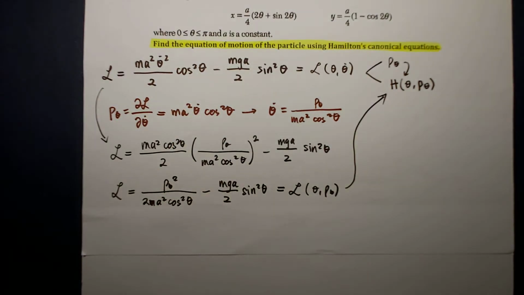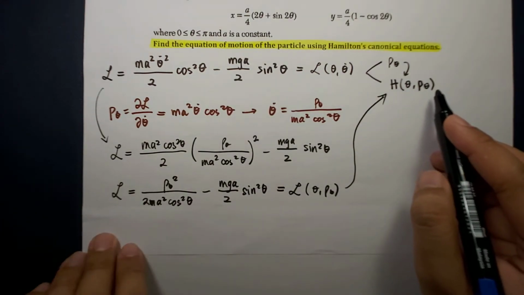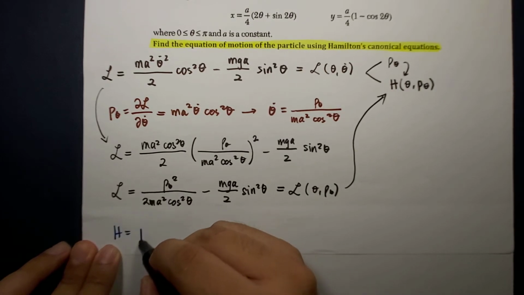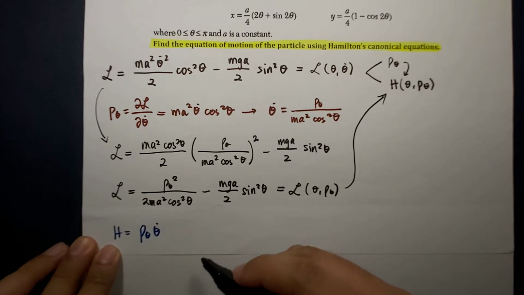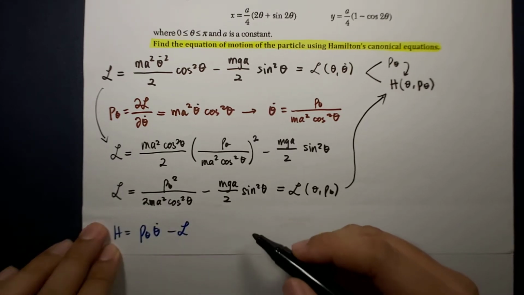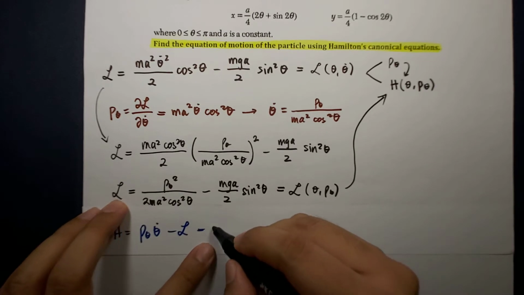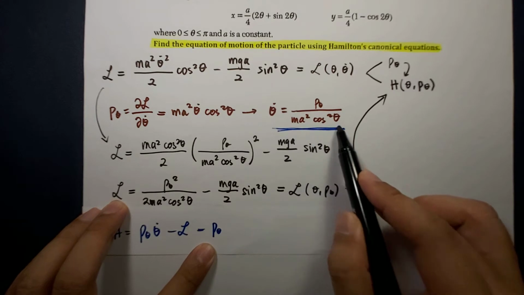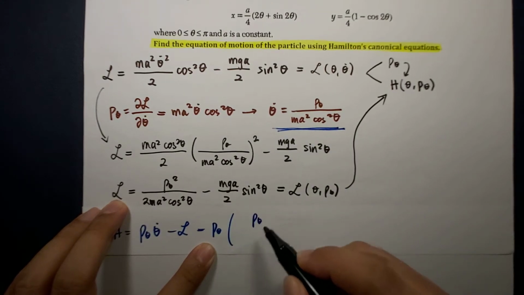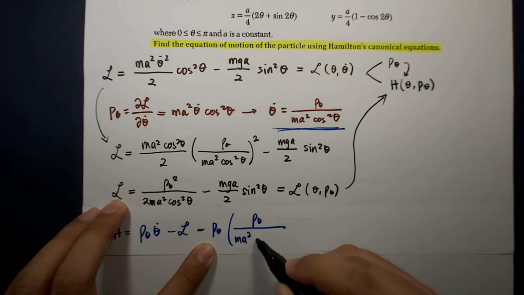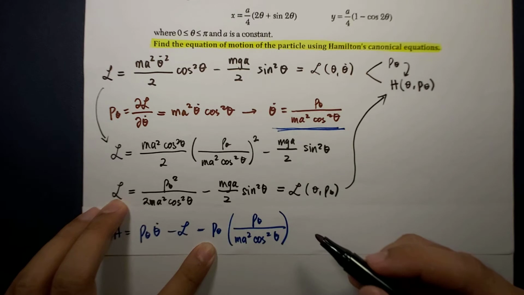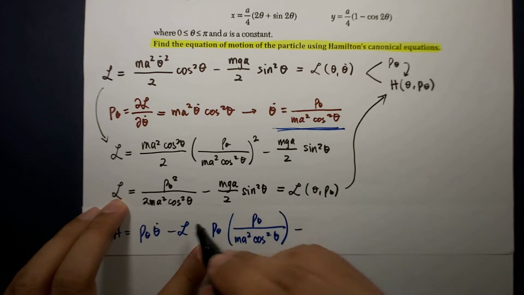Because we only have one degree of freedom, the Hamiltonian will be equal to p theta theta dot minus the Lagrangian, which is p theta times theta dot, which is p theta over m a squared cosine squared theta, minus the Lagrangian.